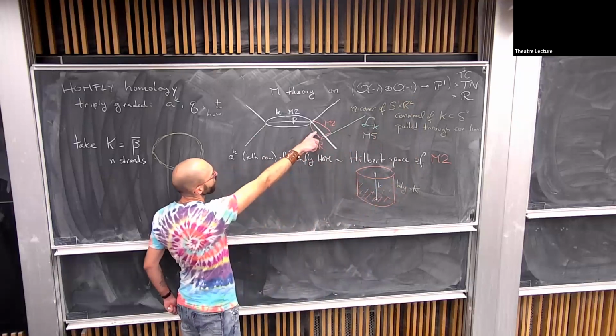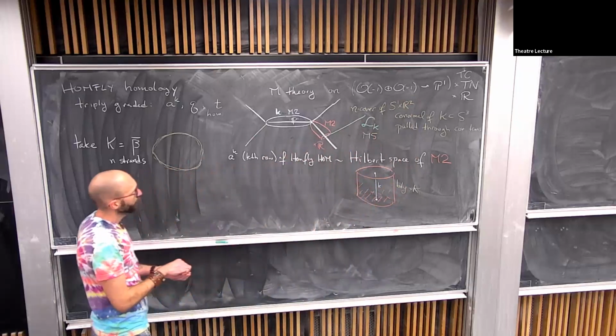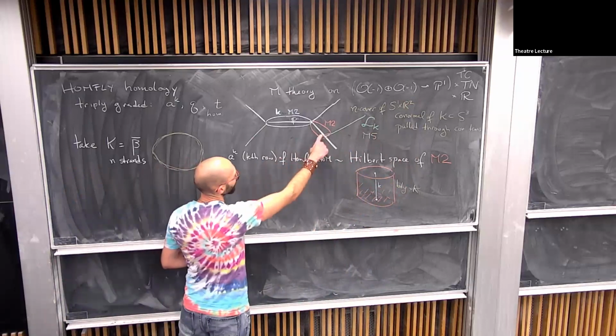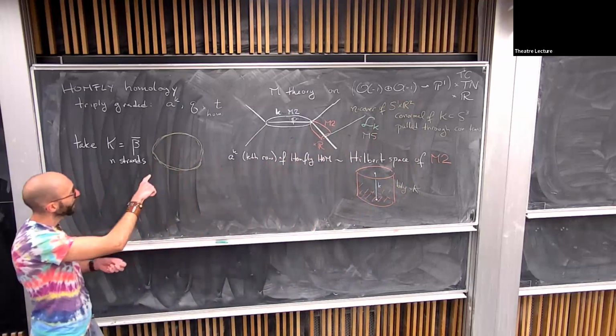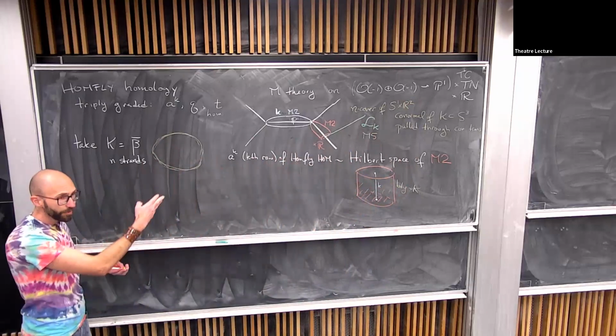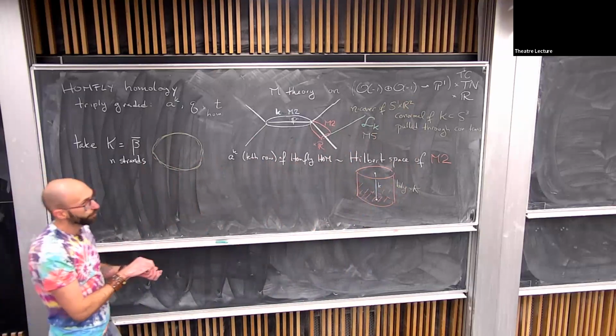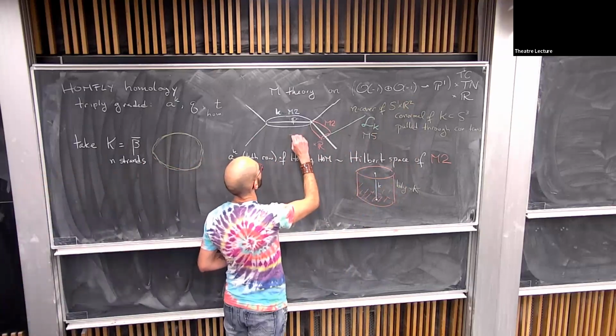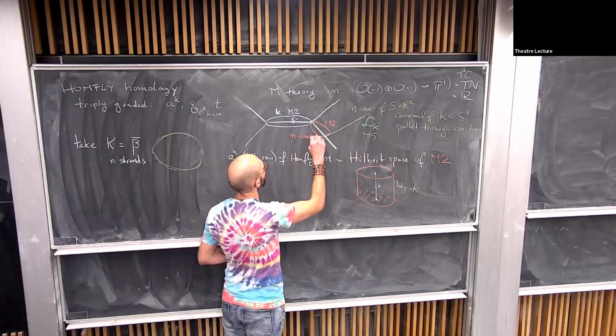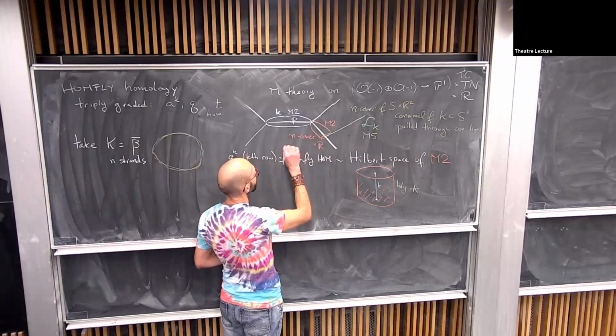And these M2s here, if their end is going all the way around n times, look like an n-fold cover of a disk.